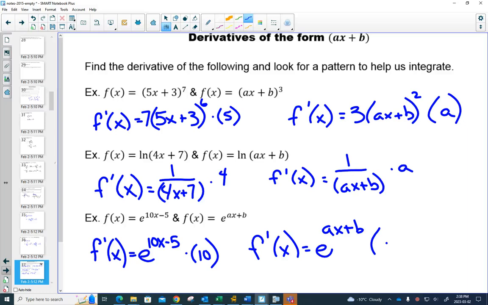If you had any line, your outside function of e to the x just keeps everything the same. Then you would multiply by the derivative of the inside function. What this is telling us, since we're just multiplying by a number and not a variable, we can undo any integral of this form by doing the opposite of multiplying, which would be divide.